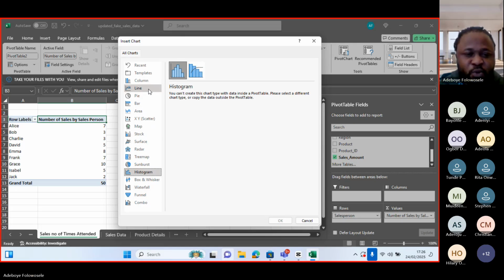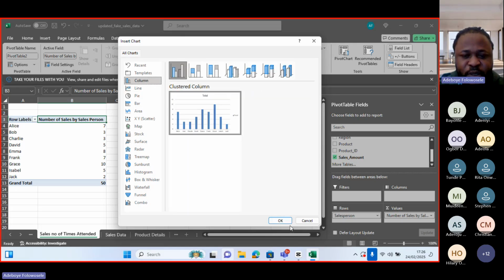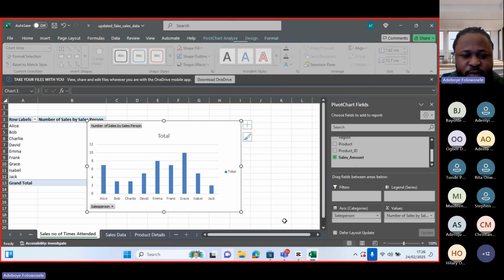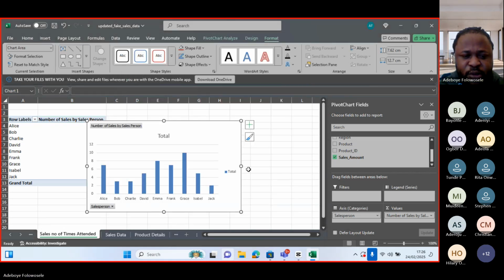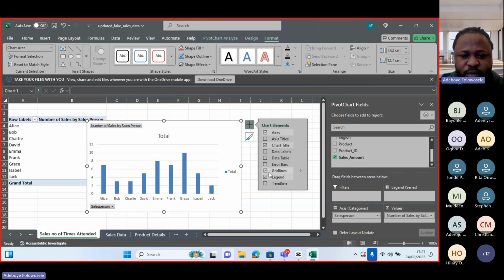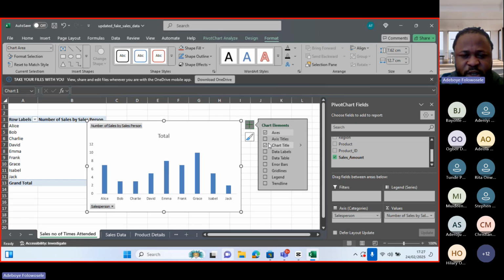So you can make use of this. So it's well represented. Let me remove grid lines, remove legend, chart title will be there, data labels.